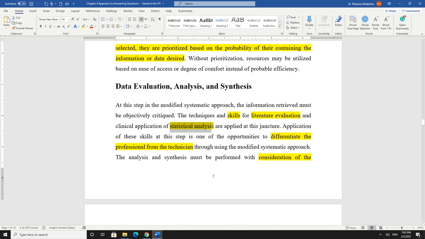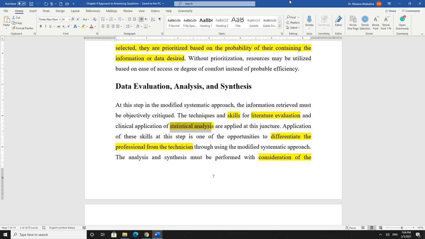That's why you should learn about statistical analysis. In order for you to have good skills in literature evaluation, you should also be good in statistics. And this is actually what differentiates between a good professional, like you, inshallah, and a technician.